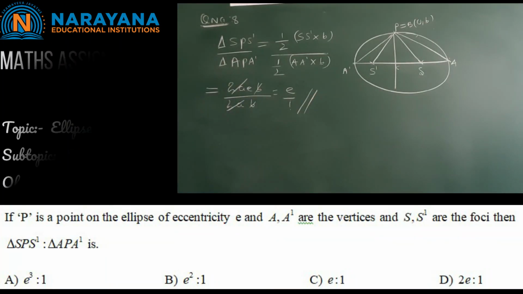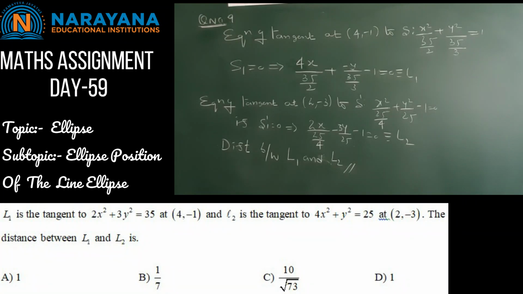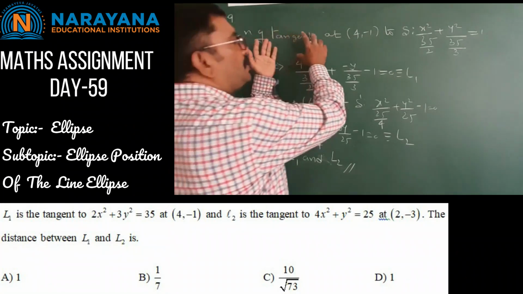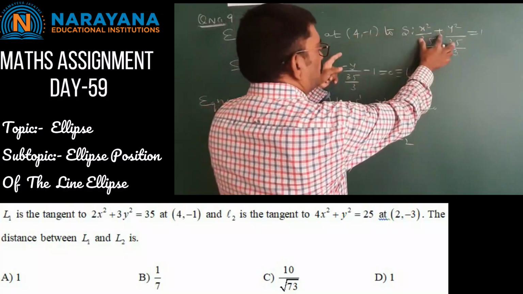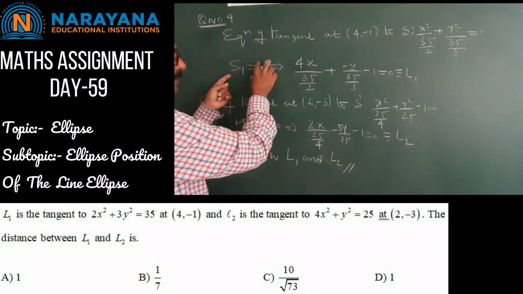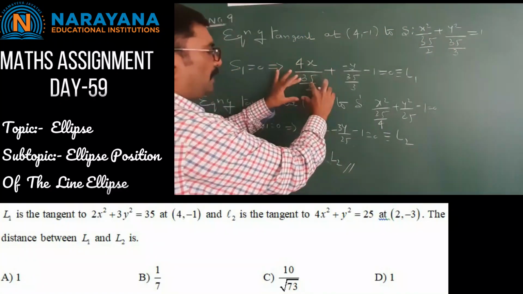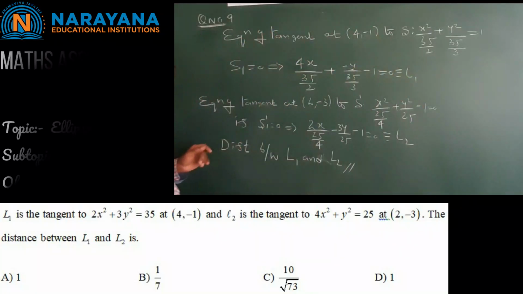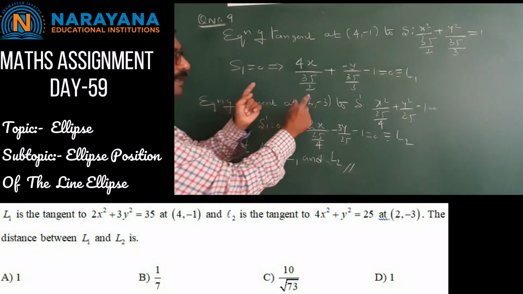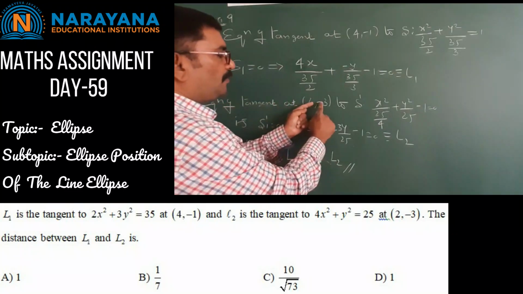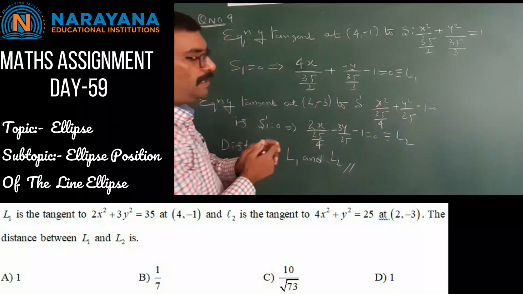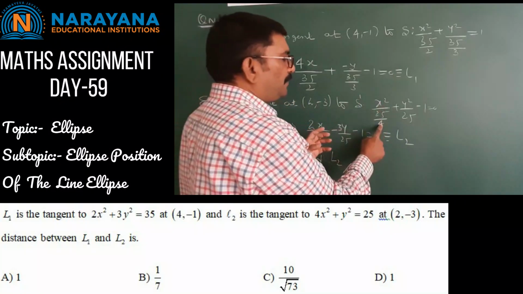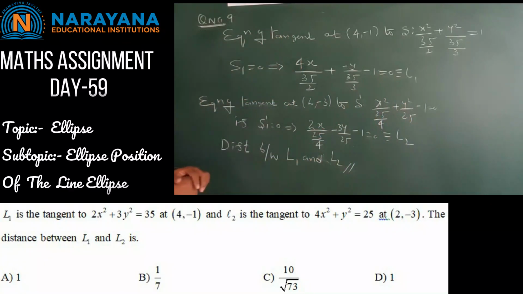That's the required answer. In question number 9, find the equation of tangent at (4, minus 1) to this ellipse. It is S1 is equal to 0, given by x x1 by a square plus y y1 by b square minus 1. This is L1. In the same fashion, you find out the equation of tangent at (2, minus 3) to this ellipse x square by 25 by 4 plus y square by 25 is equal to 1.